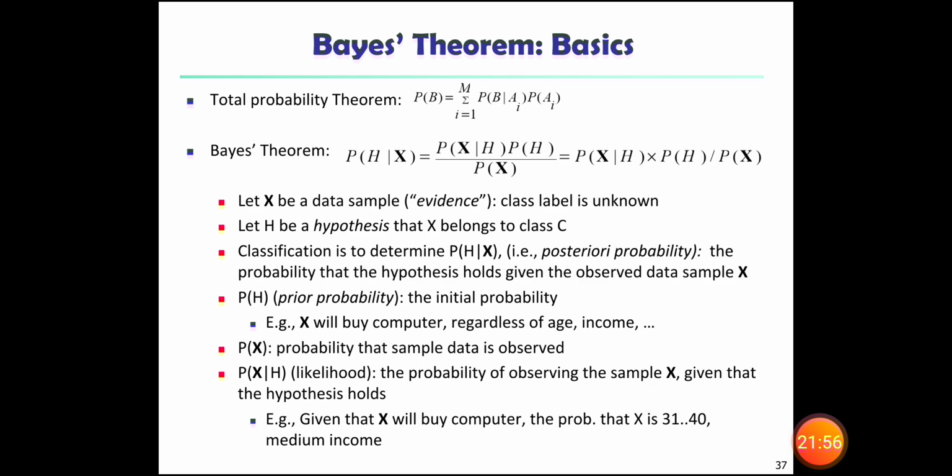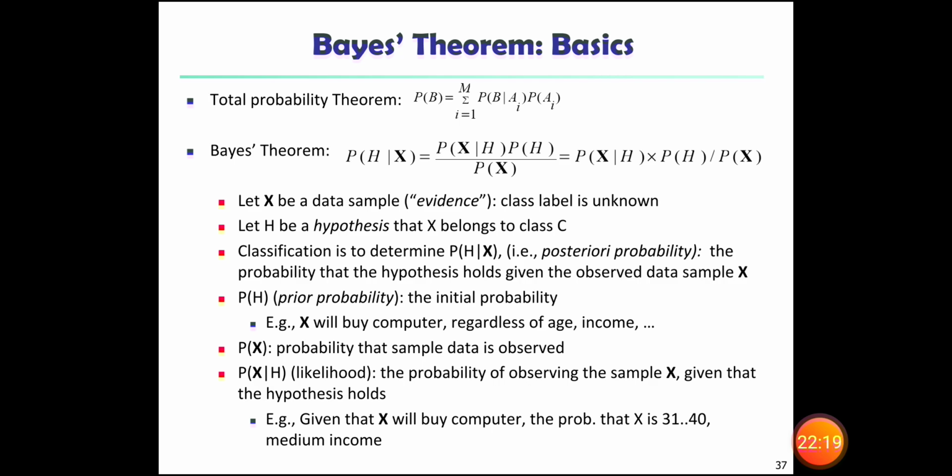And another one we have to calculate is P(X|H), which is the likelihood, the probability of observing the sample X given that the hypothesis holds. Example, given that X will buy a computer, the probability that X is 31 to 40, it's a range, and medium income.